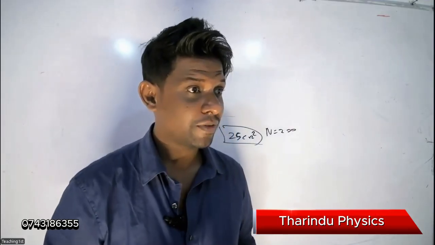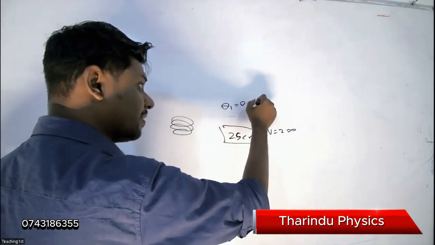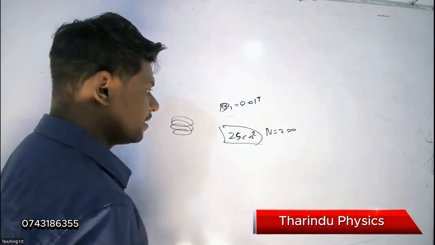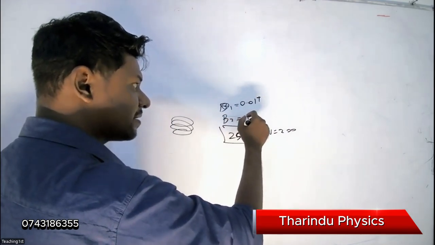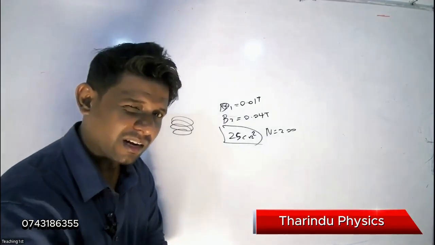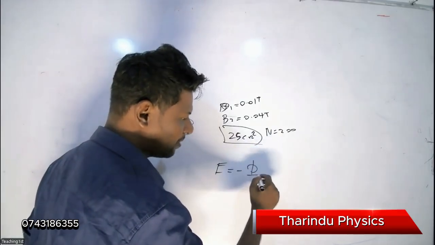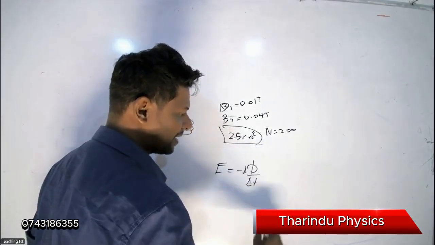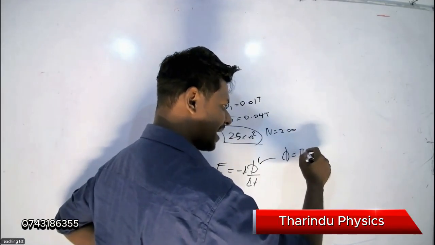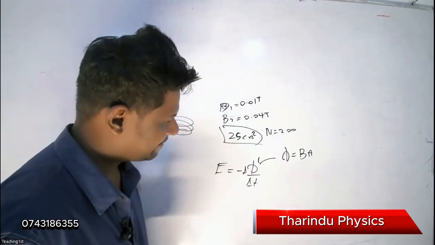If the magnetic flux density is uniformly increased from initially B1 equals 0.01 Tesla, not flux actually B, to B2 equal to 0.05 Tesla. What is my real equation? According to Lenz's law and Faraday's law altogether, EMF equals minus delta flux over delta t, and flux is equal to B into A.